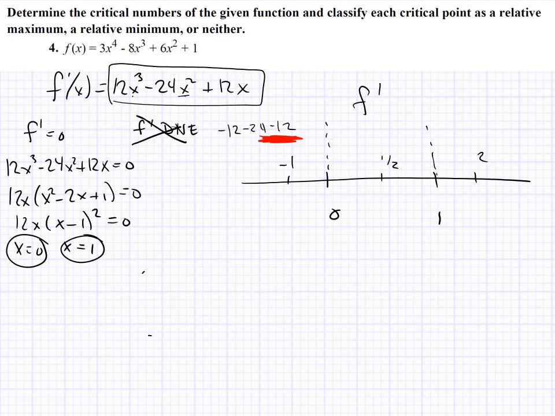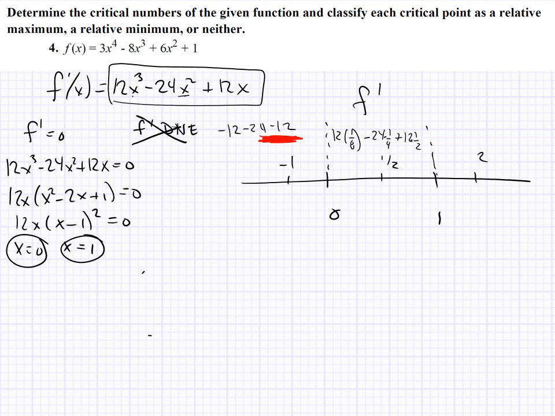Then we're going to plug in a half. Cube a half, you're going to get an eighth. Minus square a half, you're going to get a fourth. Then 12 times a half.